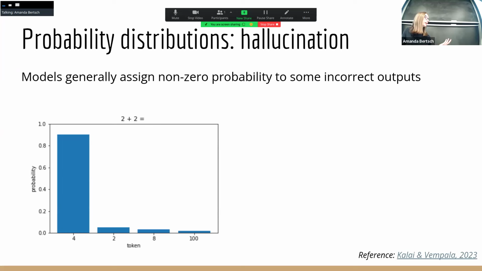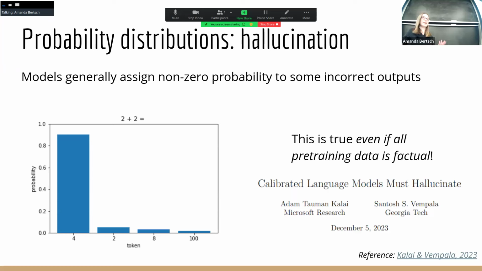There's some great work on the theory side that shows this is true even if everything in your training data is correct and factual and has no errors. You'll still wind up with some non-zero probability mass on outputs that are undesirable or hallucinatory for most inputs that you care about evaluating.